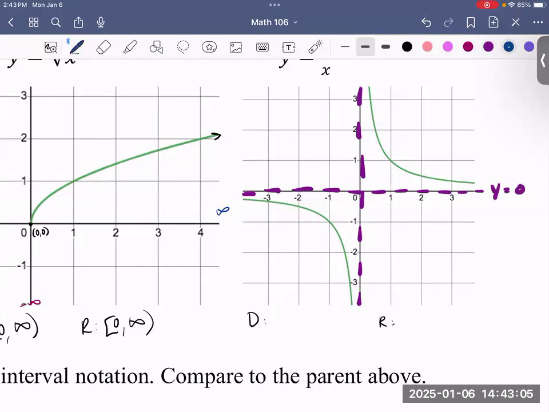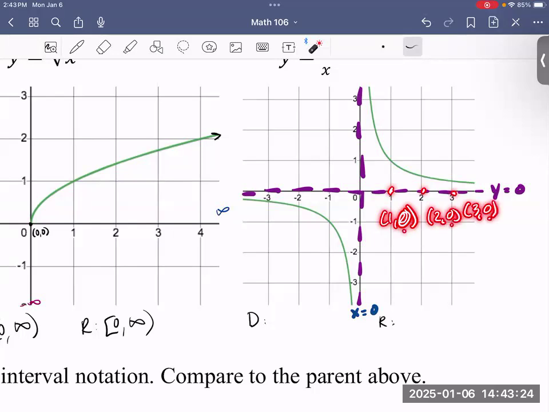And this one occurs when x is equal to 0. And yes, I know horizontal typically looks like an x value, but this is where all of your y values are going to be 0. At 1, 0. At 2, 0. At 3, 0. So you'll notice that your y value isn't changing, but your x value is. And same idea here, just with your x.